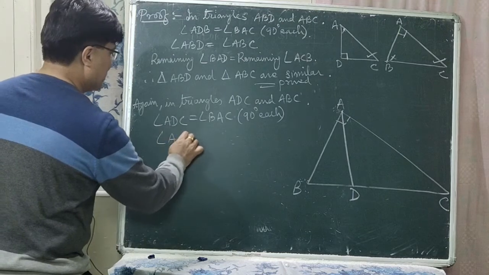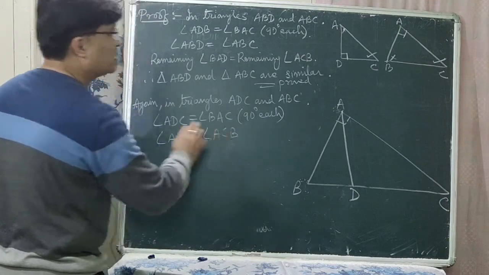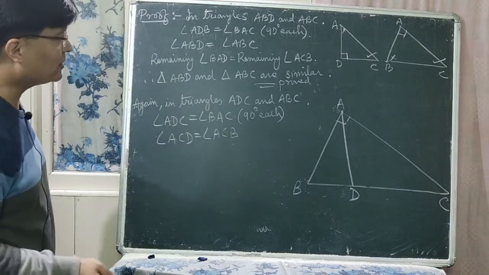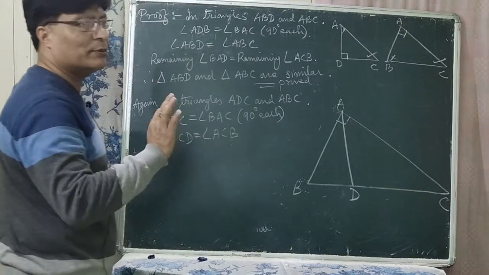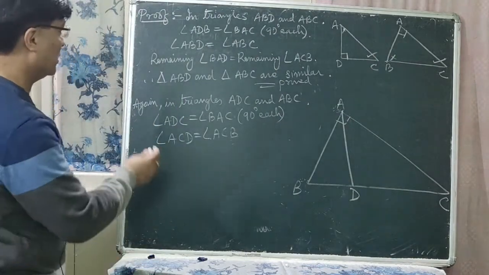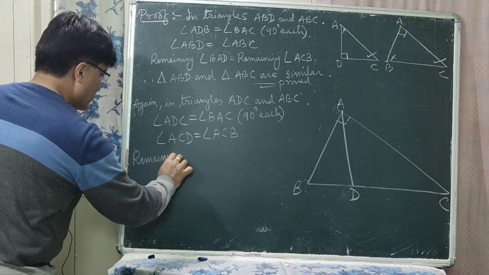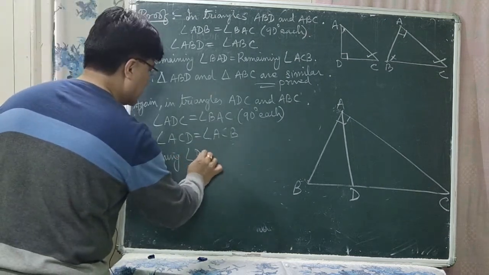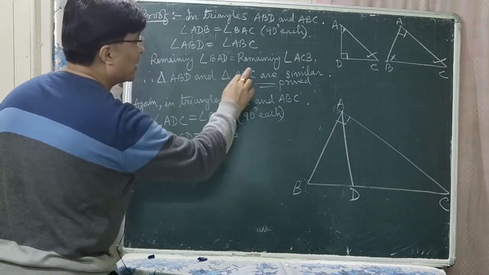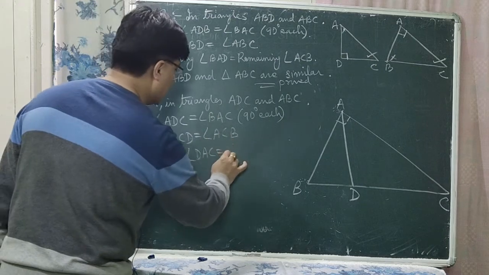So angle ACD is equal to angle ACB because they are same angle, right? Next, these are the two remaining angles. So two remaining angles must be equal. So remaining angle DAC is equal to remaining angle ABC.